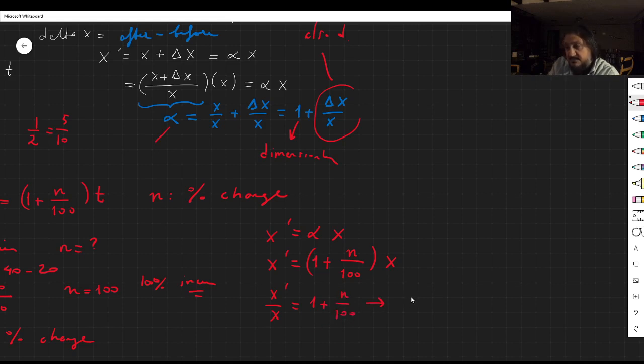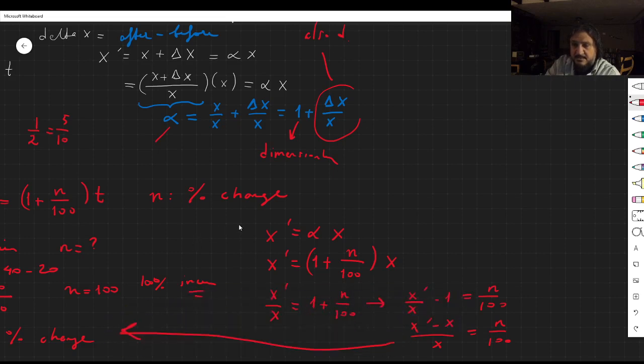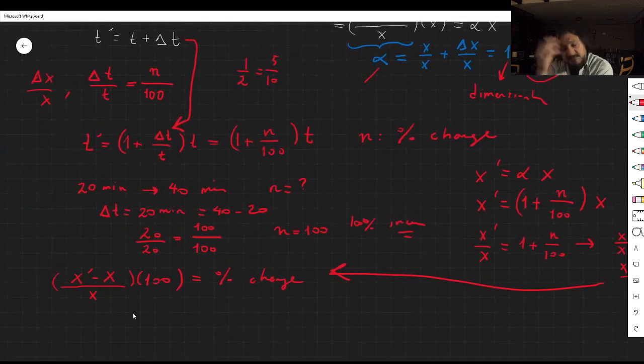And from here, subtract 1 from both sides. x prime over x minus 1 equals n over 100. Equate the denominators. x prime minus x divided by x equals n over 100. And then multiply both sides by 100 to get what we have here. All right, so that's the formula for percent change.